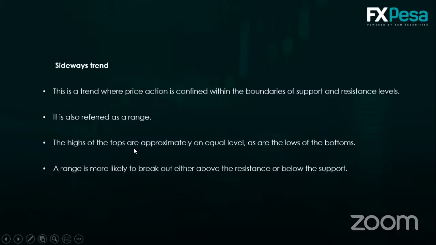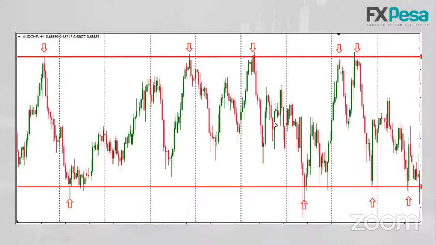So unlike uptrends and downtrends, here tops and bottoms would be within the same zone or the same level. So a range is more likely to break out either above or below the resistance. So you'd have such a pattern. Though price would rise and fall, it would be confined within a horizontal channel or range.